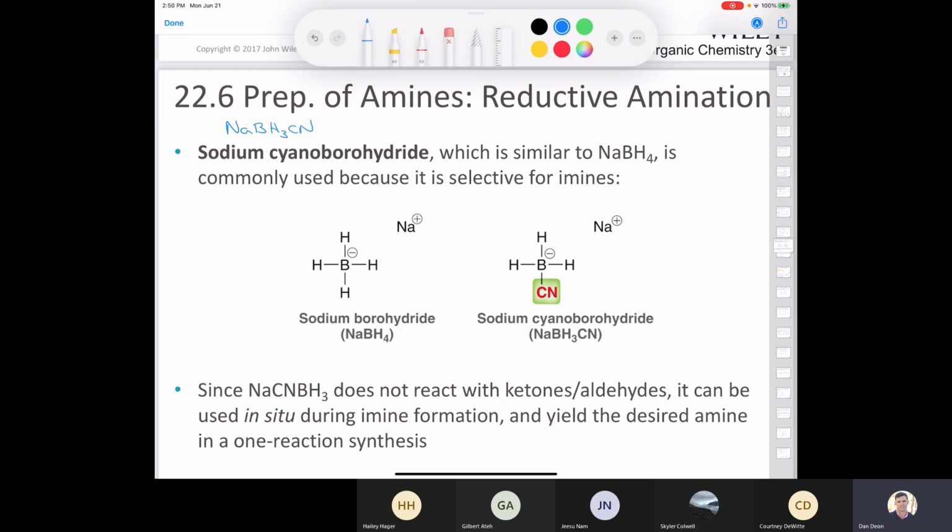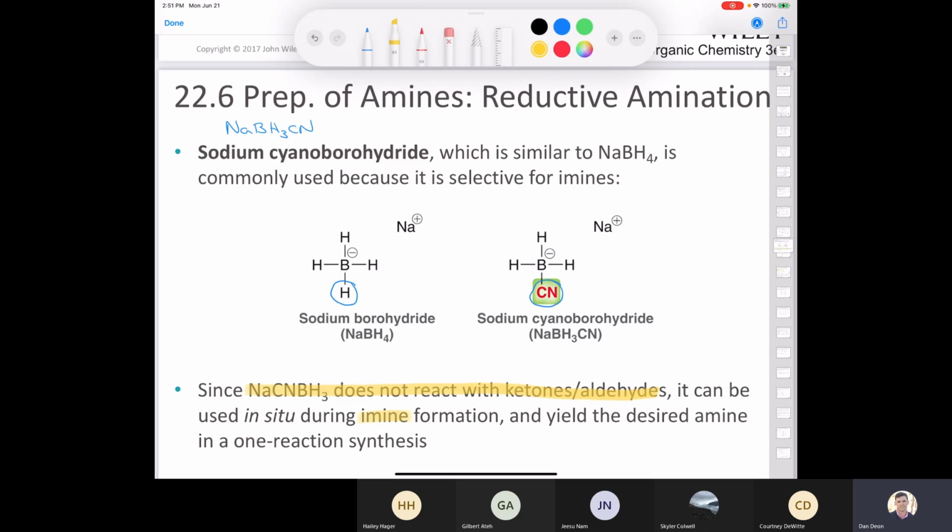The only difference between it and sodium borohydride is that you replace one of the hydrogens with a cyano group, which is electron withdrawing, and it lessens the reactivity of the borohydride because it stabilizes the negative charge, rendering it more selective. So essentially, sodium cyanoborohydride will not react with an aldehyde or a ketone, but once the imine is formed, it will reduce that. It will reduce an imine, but it won't reduce an aldehyde or a ketone.